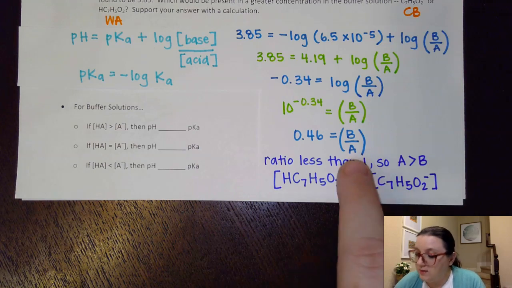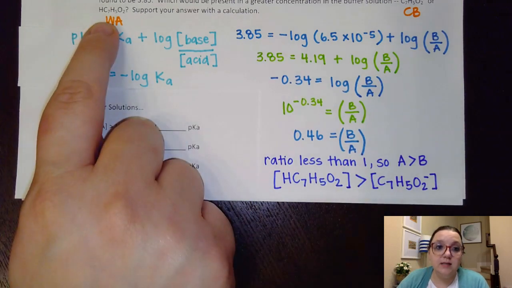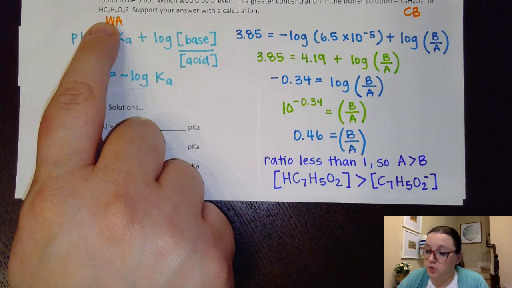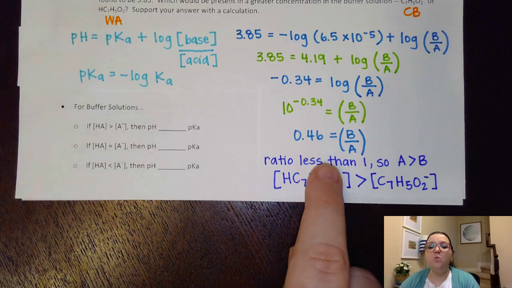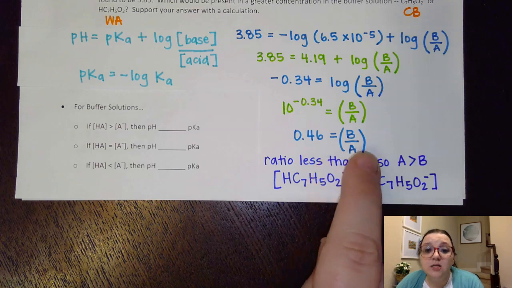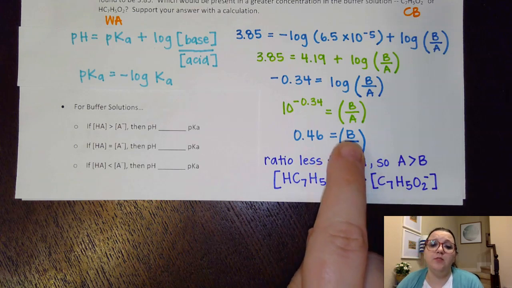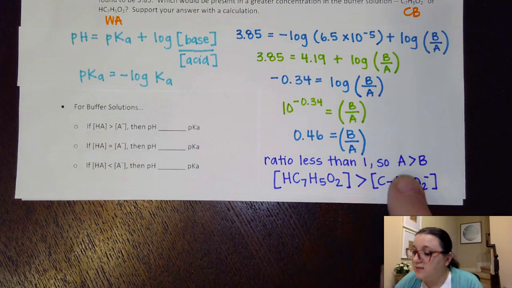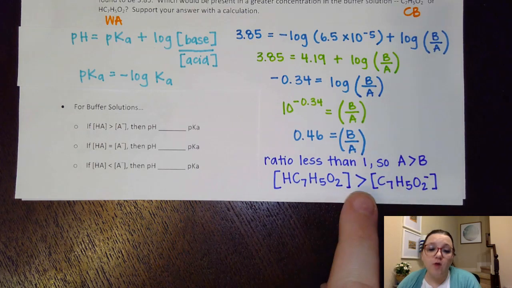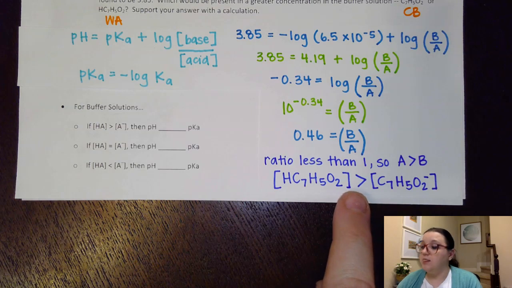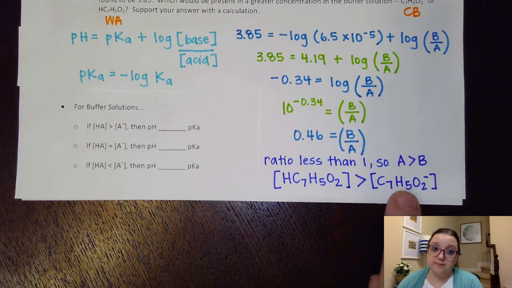The acid was my HC7H5O2, my benzoic acid. So if this is less than 1, what that means is that the denominator must be bigger than the numerator. The acid, the benzoic acid, must be in a greater concentration than the conjugate base.